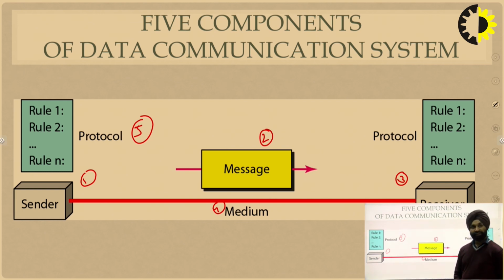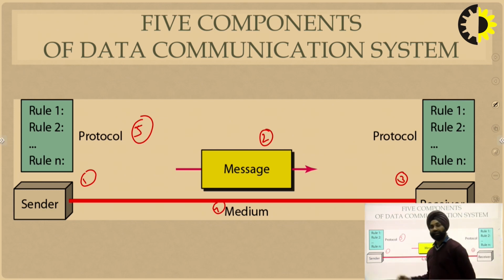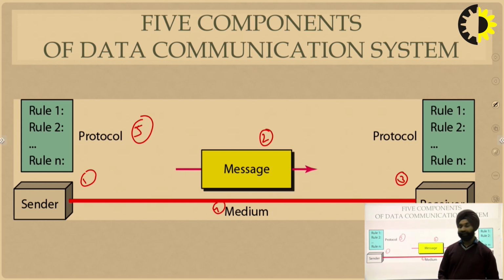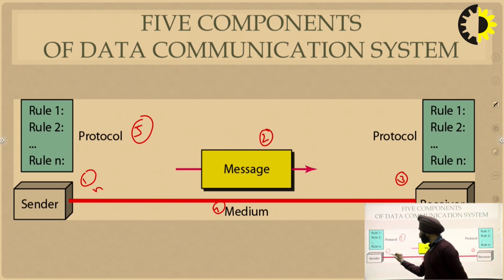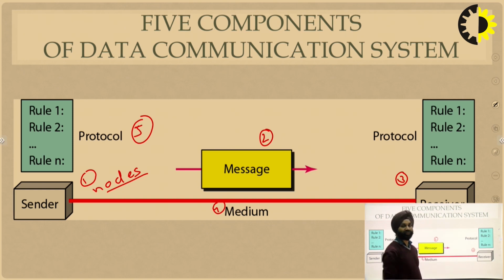In data communication networks, the sender, the receiver, and the devices in between are called nodes. And the medium that joins the receiver and the transmitter is known as a link.